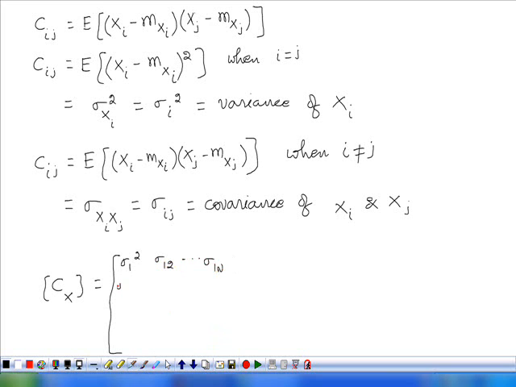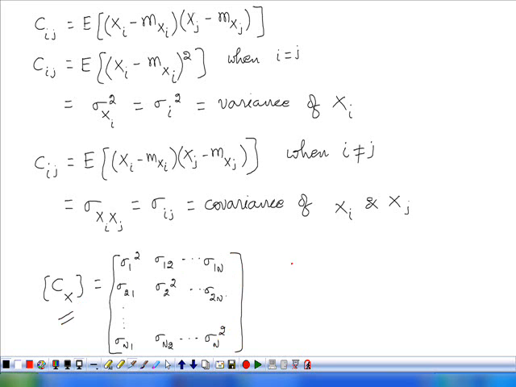Then sigma 21, sigma 2 square, that is C22 is sigma 2 square, and so on, up to sigma 2n. Similarly, sigma n1, sigma n2, and finally sigma n square. Now, can you see that if x1, x2 and so on up to xn are given, we can evaluate Cx? We can easily find the Cx value.